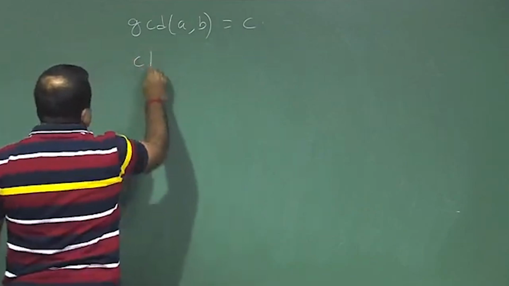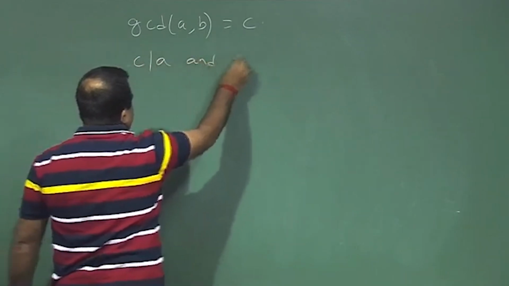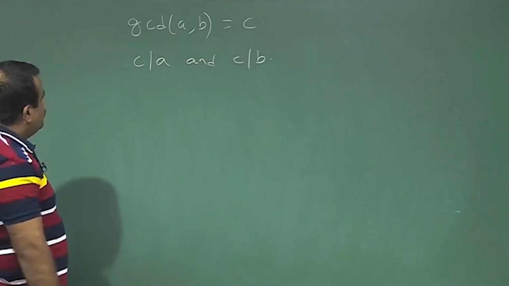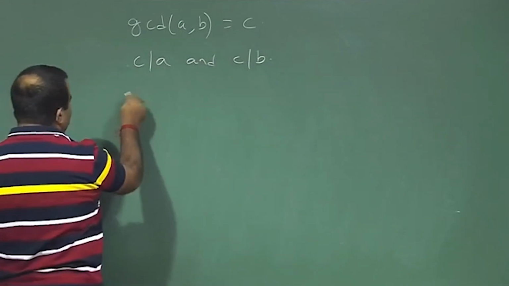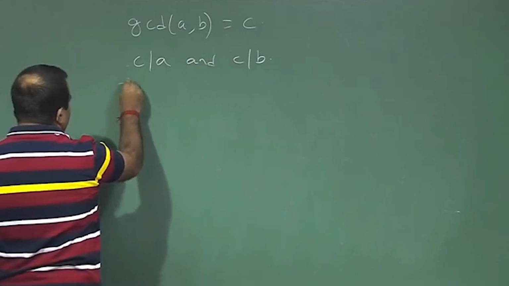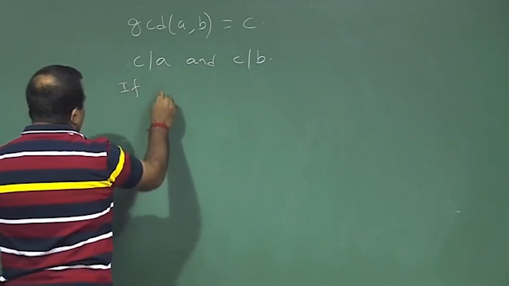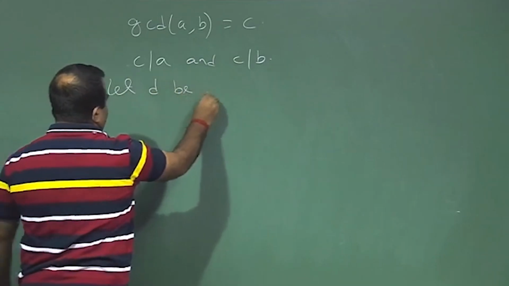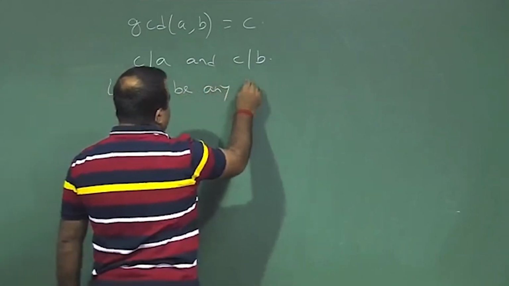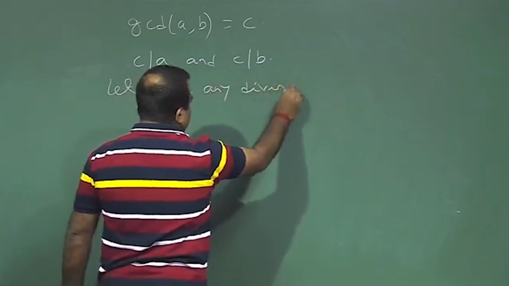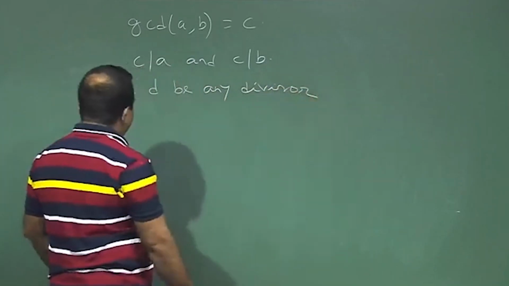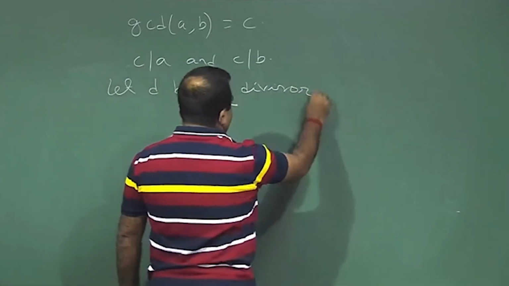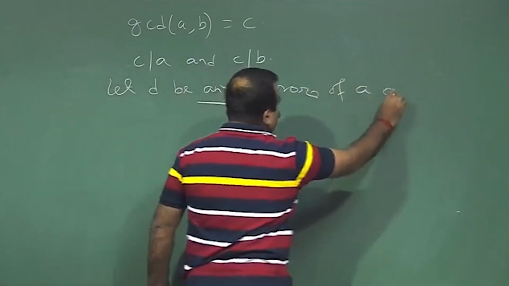So, C divides a and C divides b, and if any other divisor D, let D be any divisor, then D must divide C. This should be true for every divisor of a and b both.